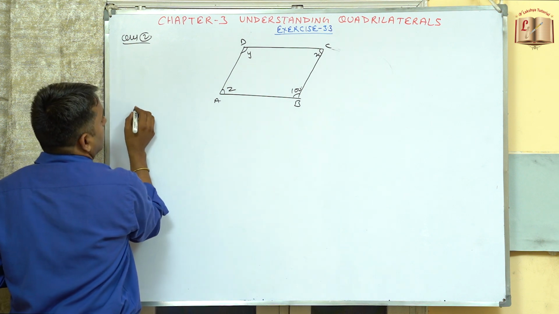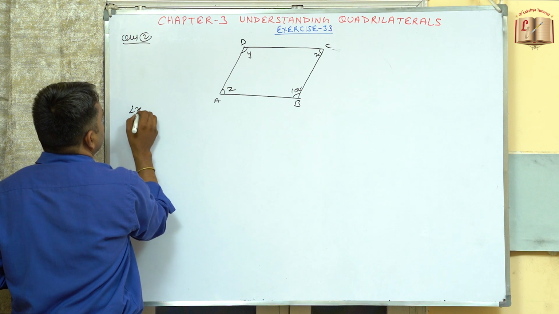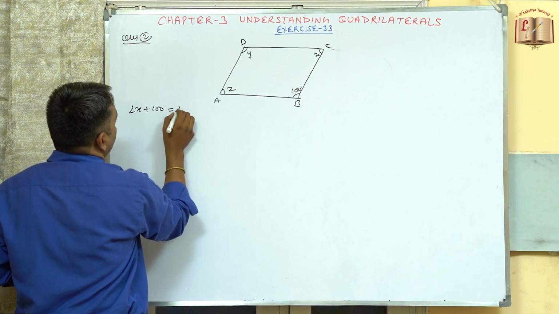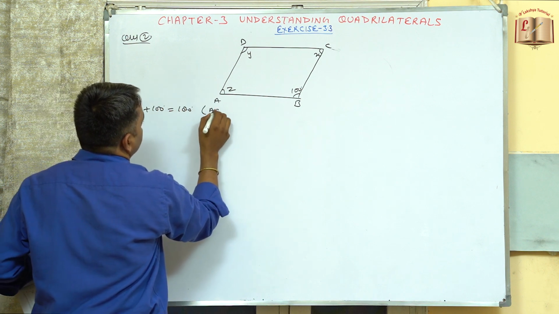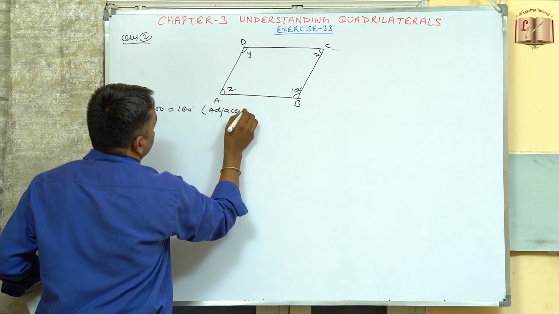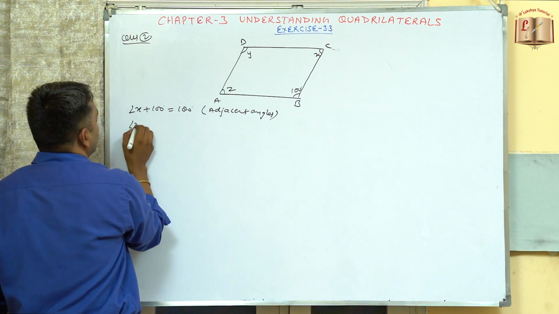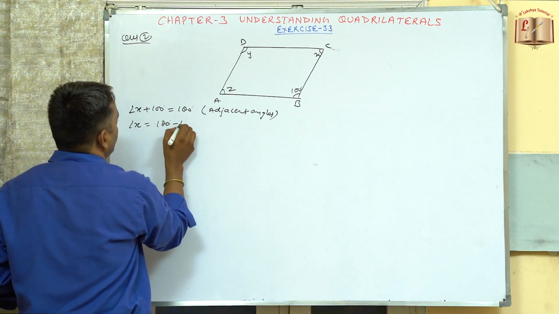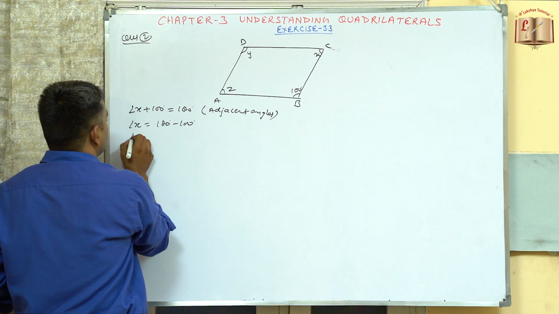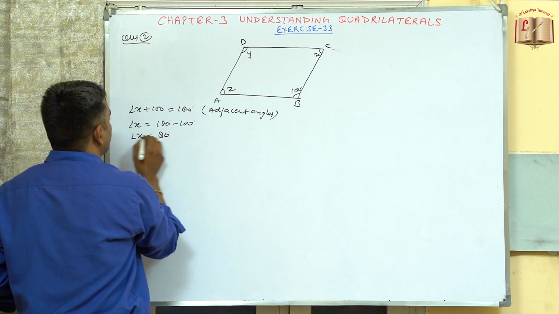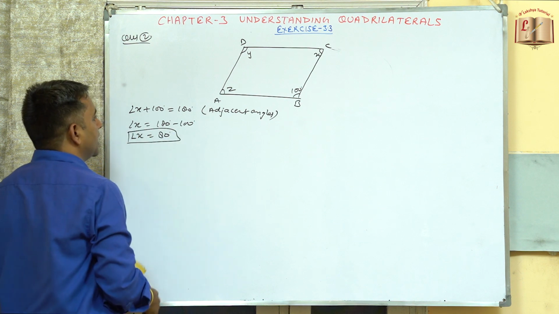So here angle x plus 100 will be equal to 180 degrees, adjacent angles. These are the adjacent angles. So angle x will be equal to 180 minus 100. So angle x will be equal to 80 degrees. So we got angle x.